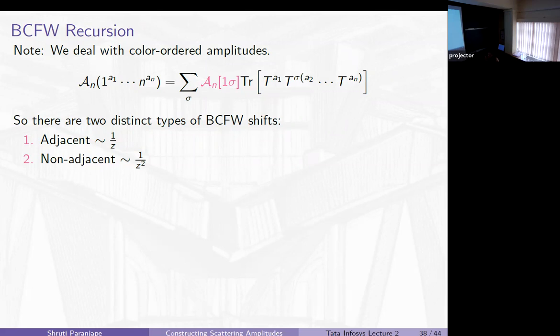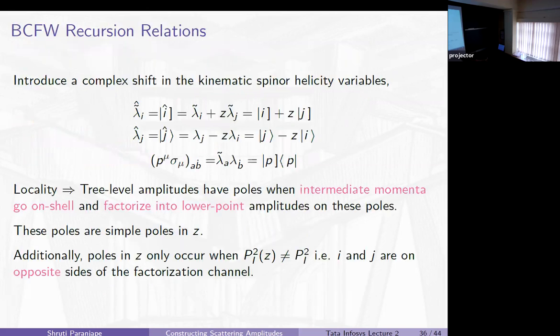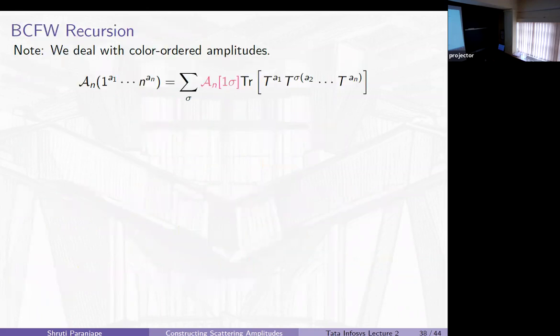No, this decays even with the polarizations, as long as I choose appropriately which one is a positive and which is a negative helicity particle. If it's a minus particle, I'm shifting the square of this guy; if it's a plus particle, I'm shifting the angle. This sounds like very good behavior; 1 over Z decays with energy.